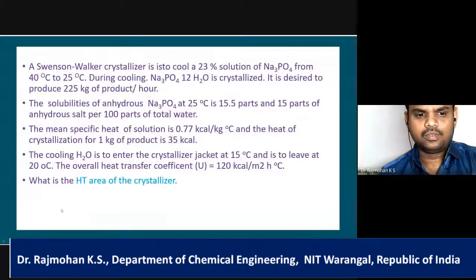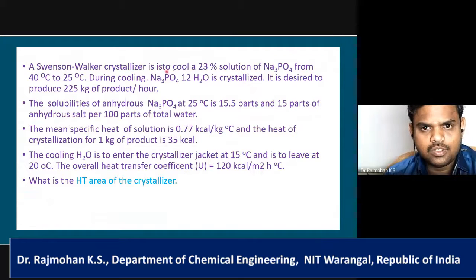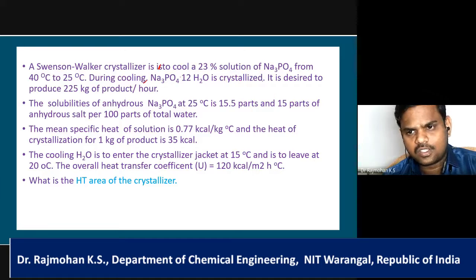Practice problem. A Swenson-Walker crystallizer is to cool a 23% solution of sodium phosphate from 40 degrees Celsius to 25 degrees Celsius. During cooling, sodium phosphate Na3PO4·12H2O crystals are crystallized.